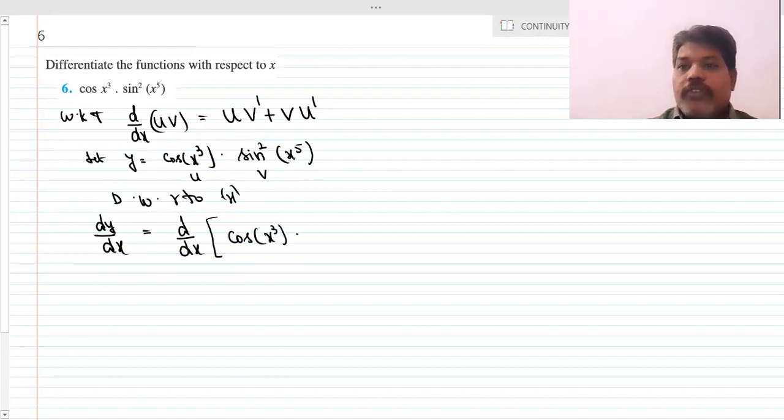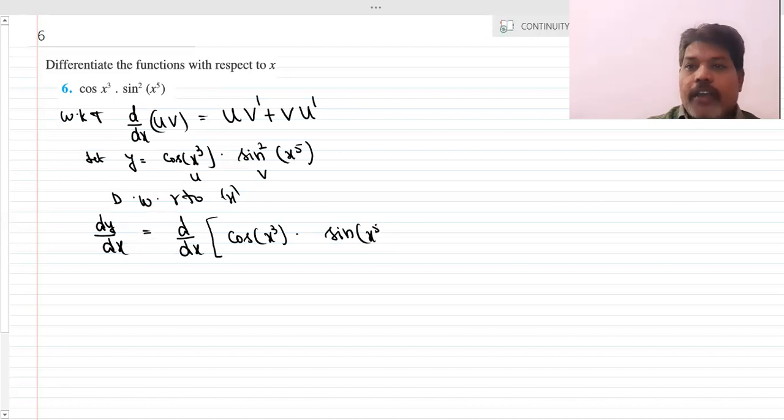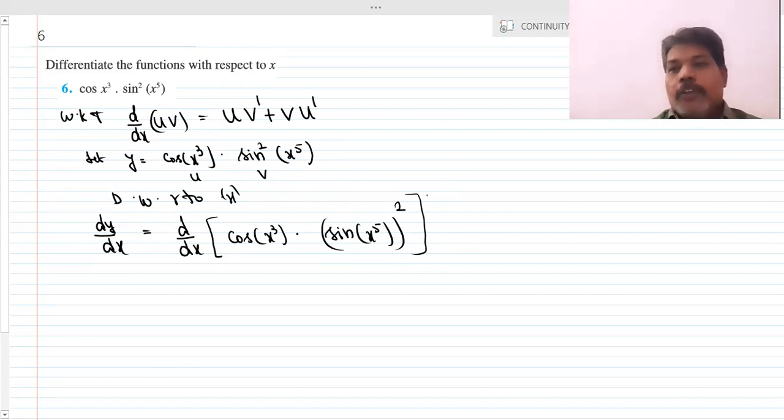Understand, students, sine square of x power 5 is nothing but sine of x power 5 whole square. So this is the u and this is the v.